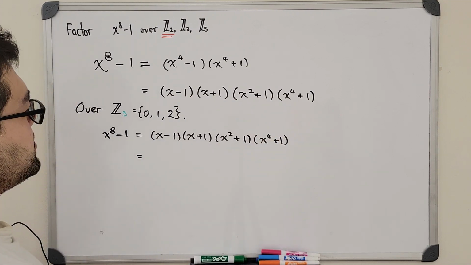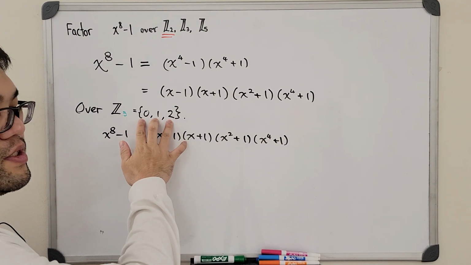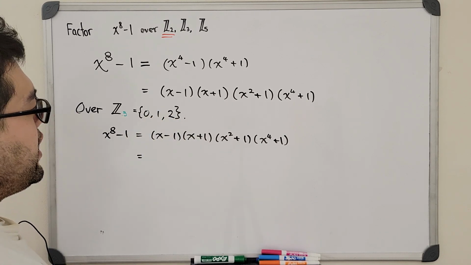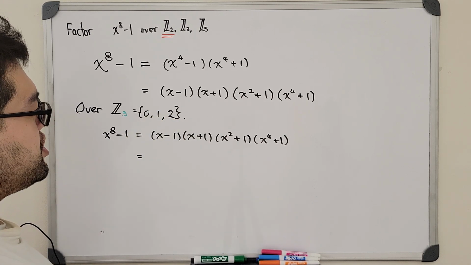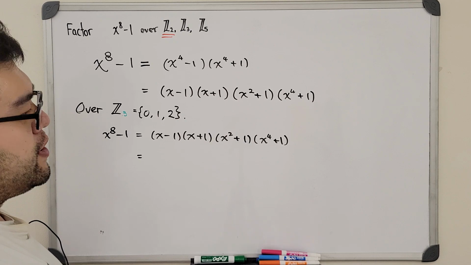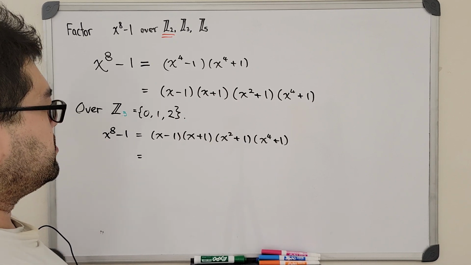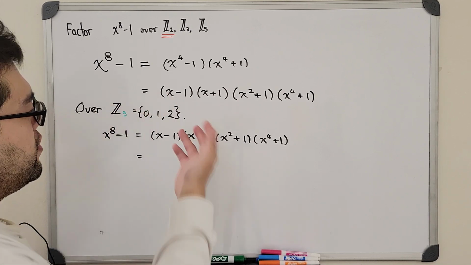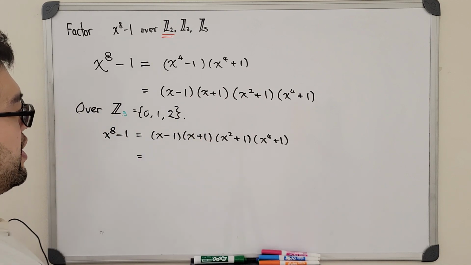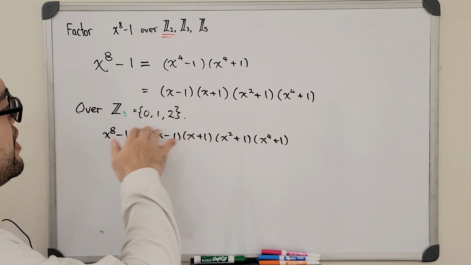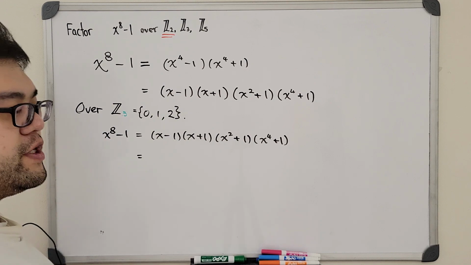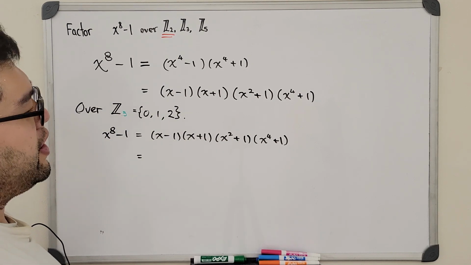But this time, since we have 3 different elements instead of just 2, we also need to know the relationship with other integers that are not elements of the given ring.